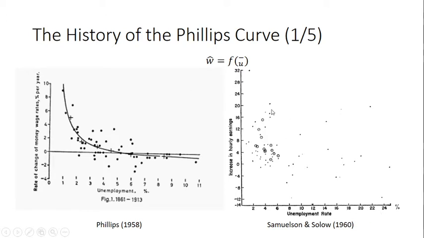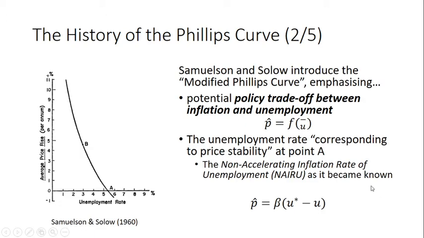And so both of these papers point to the existence of a relationship where the change in the wage rates, so the wage inflation, is some negative function of the unemployment rate. So as the employment rate increases, we expect wage inflation to go down and vice versa. All right? So this is the first sort of origins.